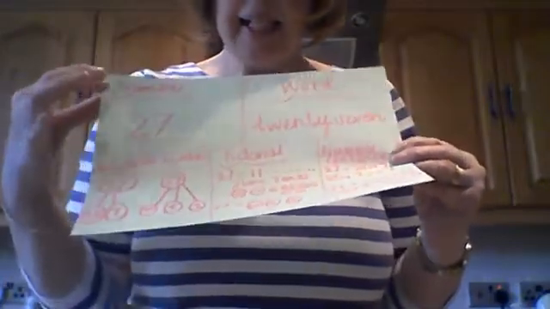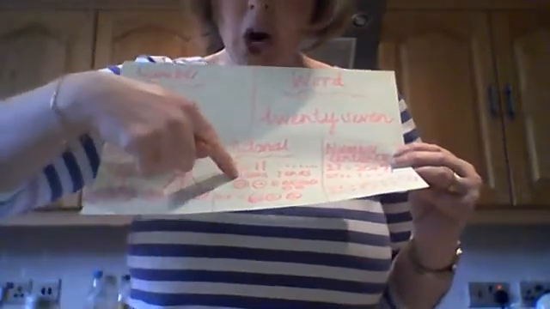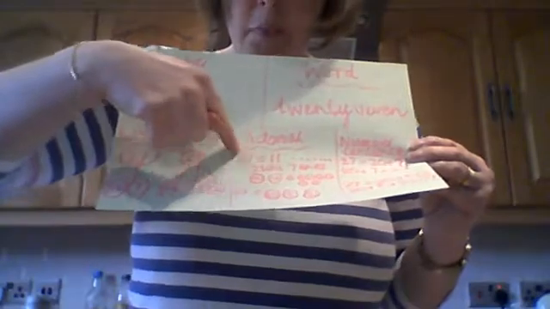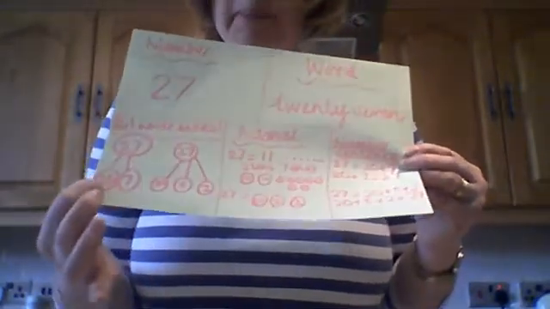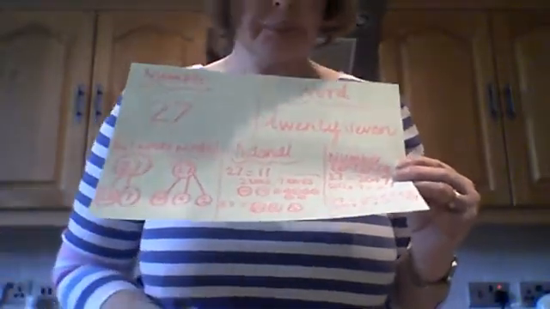So I can see that it's 2 tens and 7 ones. But I know that that 2 in my number represents 20. So when I do it as a part-whole model, it's 20 add 7.